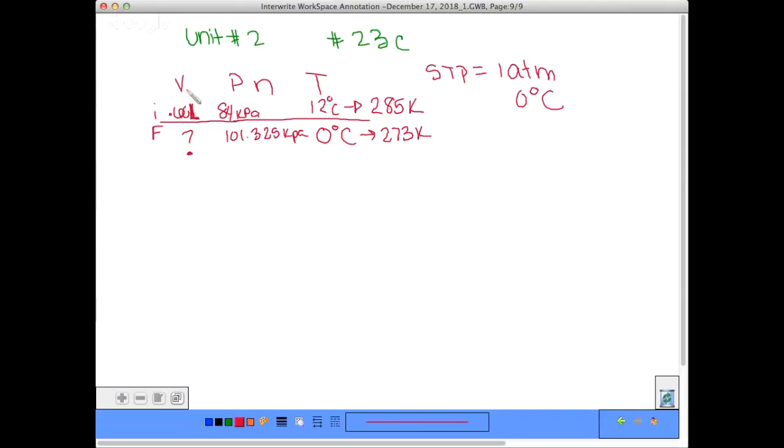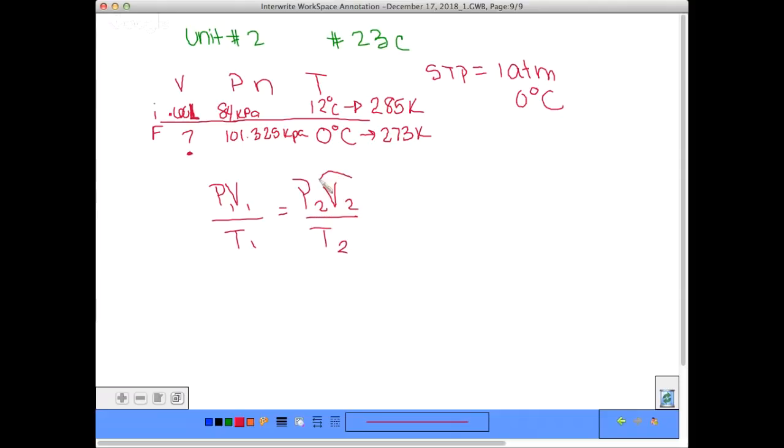So what we see is that we have volume, pressure, and temperature, and we need to isolate our final volume. The only equation that has all three of these variables, and notice that the number of moles is not referenced, so we're going to assume it's not changing, is P1 V1 over T1 equals P2 V2 over T2.